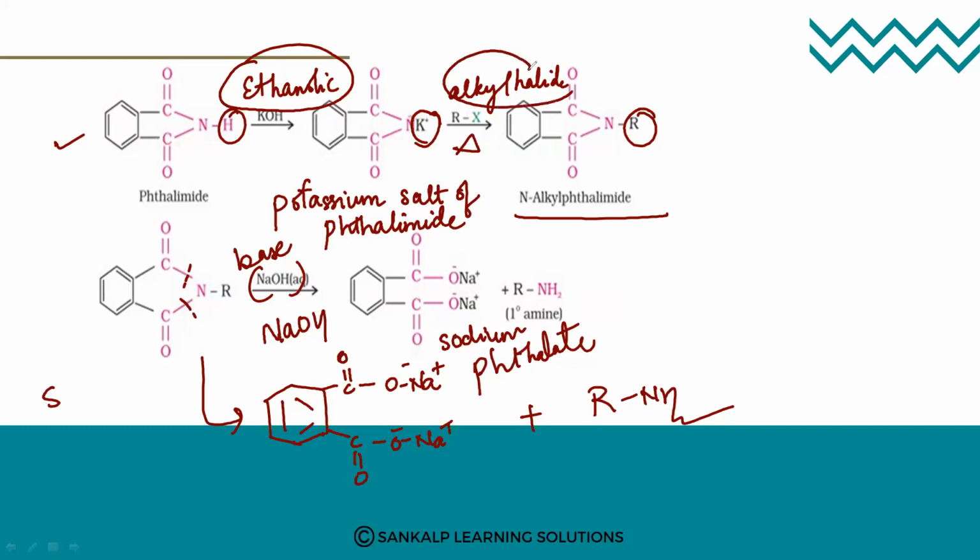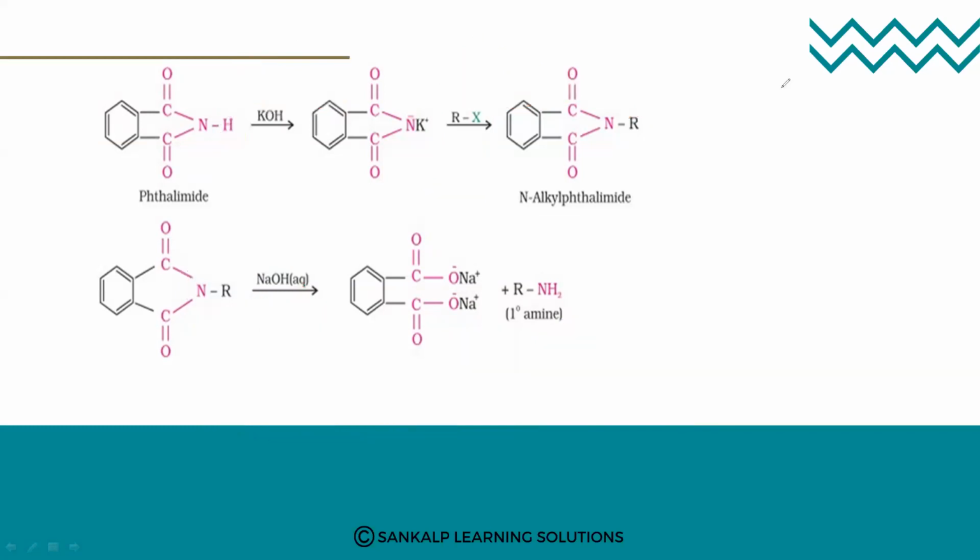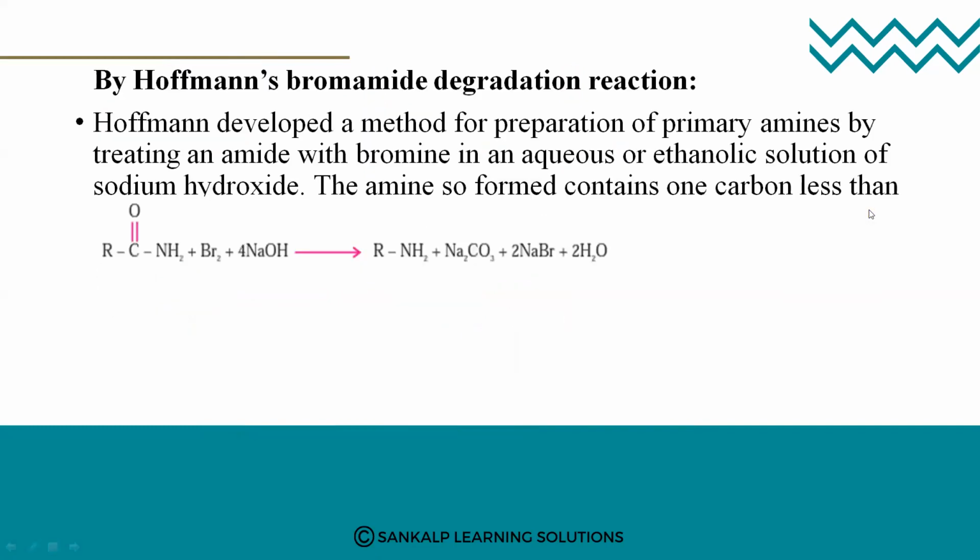If you want to prepare aromatic amines, then we have to take aryl halide, right? But aryl halides do not undergo nucleophilic substitution with the ion formed by phthalimide. Because of this, only aliphatic primary amines can be prepared, and we cannot prepare aromatic primary amines. So I hope this is clear.